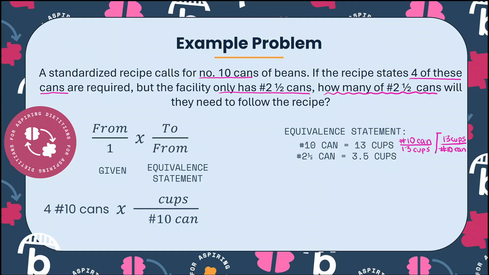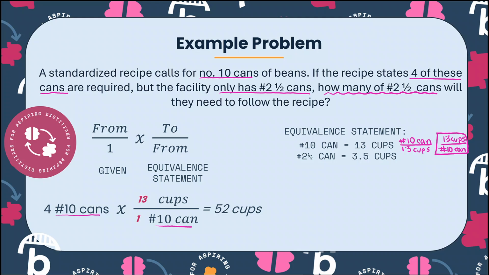We want to put the number 10 can in the denominator so that it cancels out with the number 10 can that we are converting away from. We're converting from the number 10 can into cups, and we know that there's 13 cups in every number 10 can. Meaning if the recipe needs 4 of these cans, then it's providing 52 cups of beans.